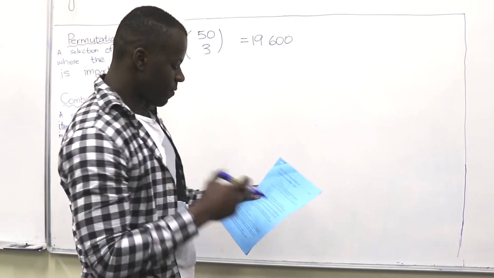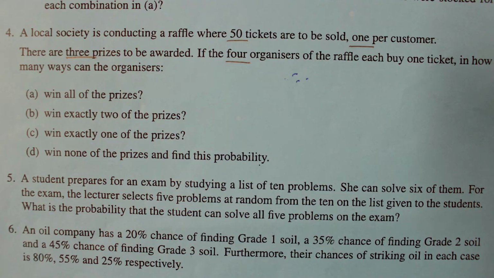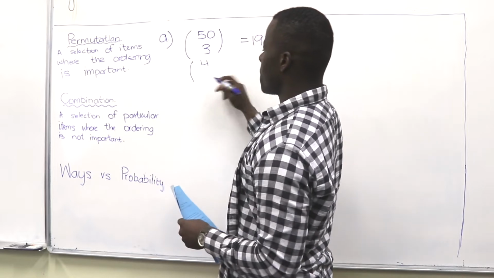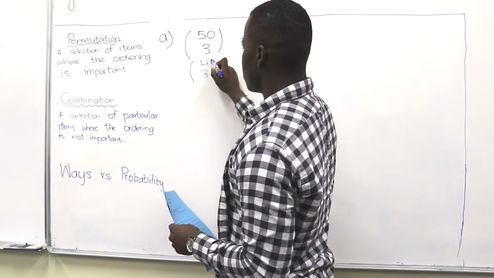Now with the first question, it says, how can the organizers win all of the prizes? There are 3 prizes to be won, but there are 4 organizers, so one organizer isn't going to win a prize in this case. So we're going to go 4 for the 4 organizers, then we're going to choose 3 of them.